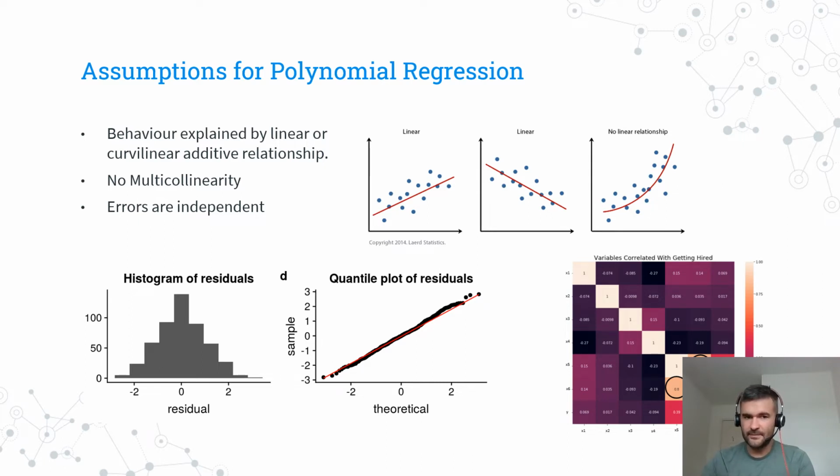The third is that the independent variables do not depend on each other, i.e. they're not correlated. And the fourth assumption is that the errors are independent, normally distributed with a mean of zero and constant variance. As you can see, there isn't much change in the assumptions of a polynomial regression when compared to a linear or multilinear regression.